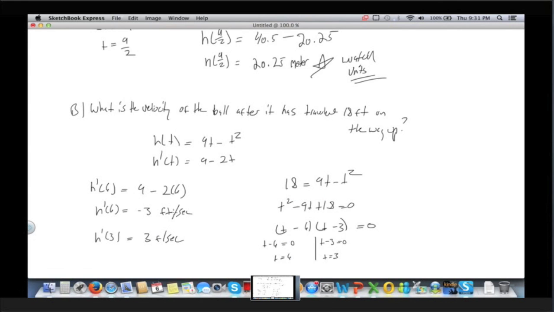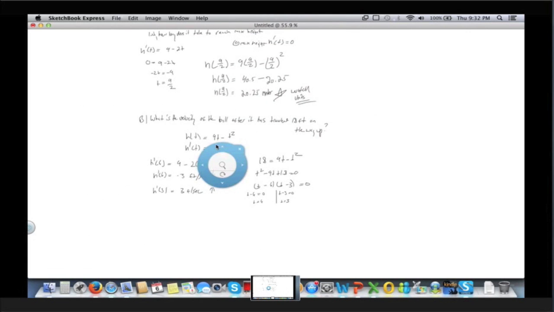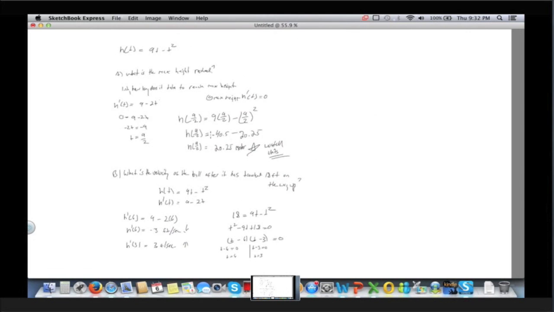Yeah, it's kind of strange, I guess, because this would be going downwards and this would be going up. But we just said the maximum height was 20.25.